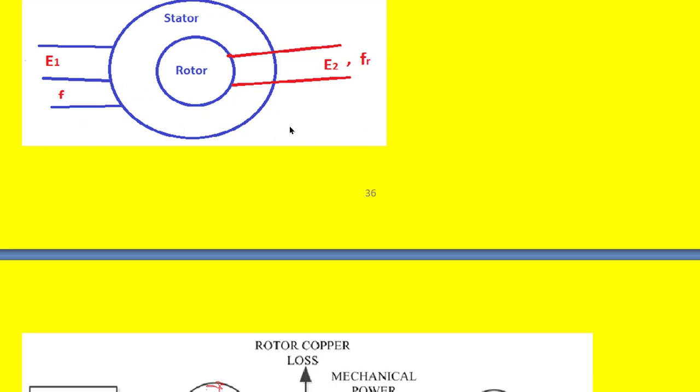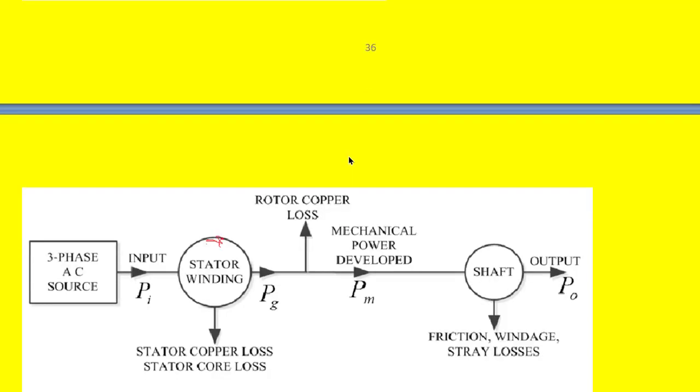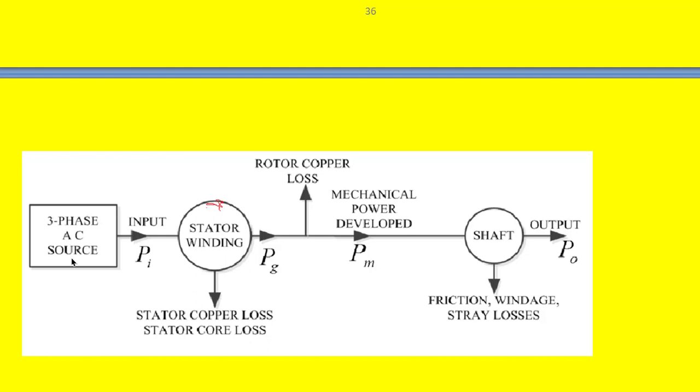And coming to the power stages in the three-phase induction motor, whatever we give here is called the input to the stator, that we can see in the power flow diagram like this. This is the three-phase AC supply, and we are giving the input power to the stator winding of the three-phase induction motor like this, and we represent the input power as Pi.